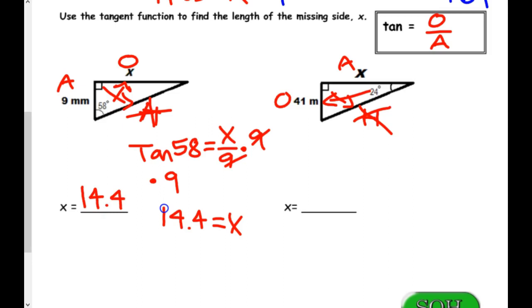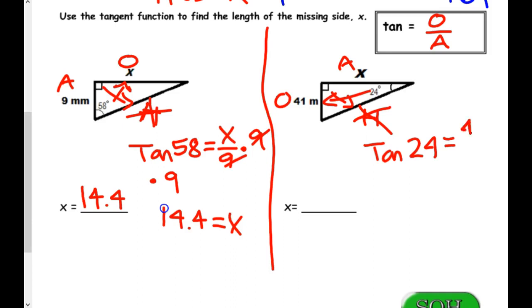And then over here, OA is still tangent. So I'm going to do tan. The angle is 24. And it's going to be O over A. So it's going to be what? 41 over X. Question.